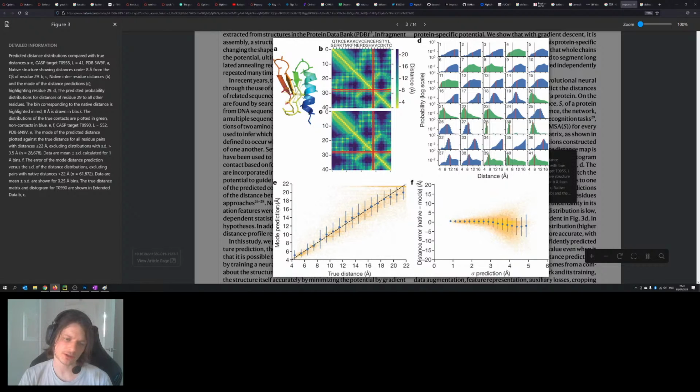The mode of prediction, and true distance. So the true distance, denoted by which colour I'm not sure. I'm guessing orange. Distance 6. Yeah, it's got some grouping with this.